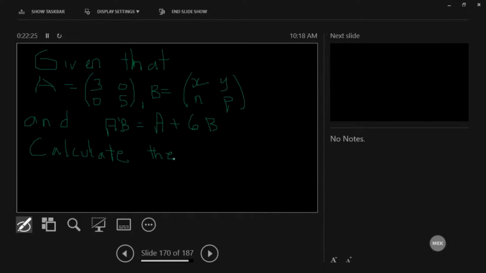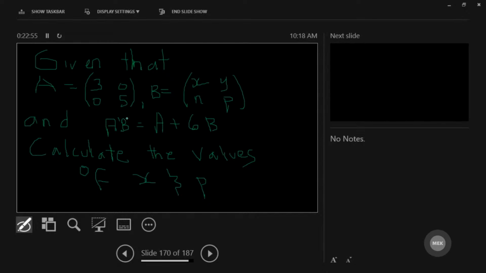Calculate the values of X and P. All right, so they just want what is X and what is P. So this is matrix A, [3, 0, 0, 5], and B, [X, Y, N, P]. They're saying the product of the 2 matrices is equal to A plus 6B.